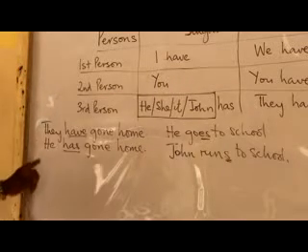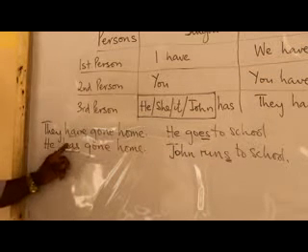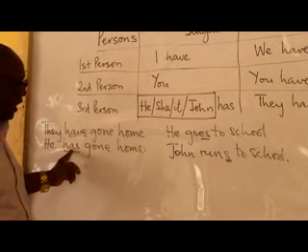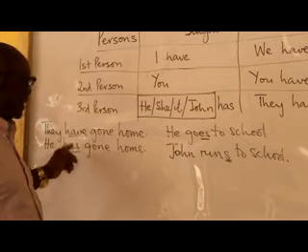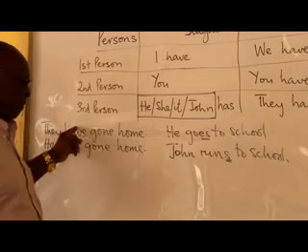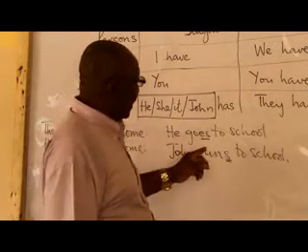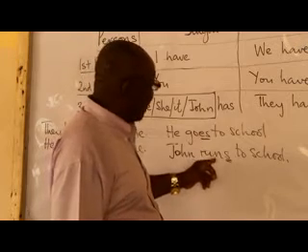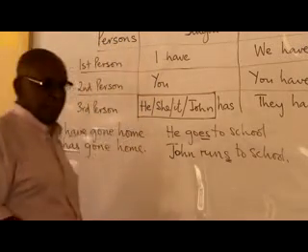If there is anything between the third person singular and its verb, in the present tense, it drops has and takes have, and the verb drops the s.